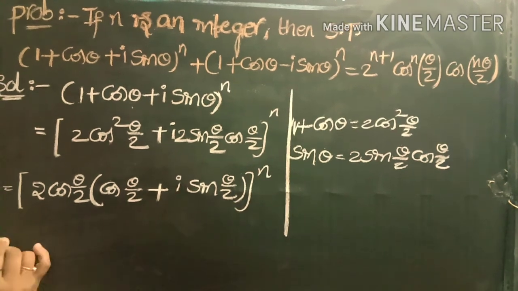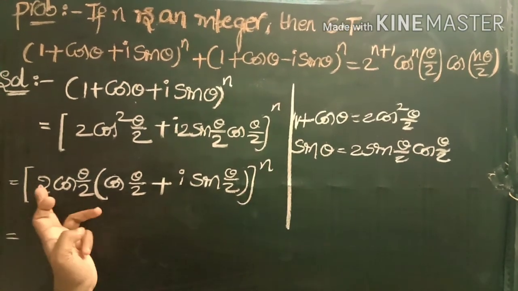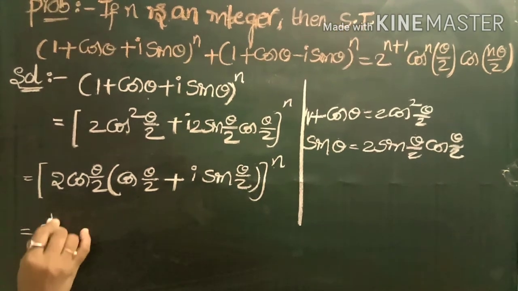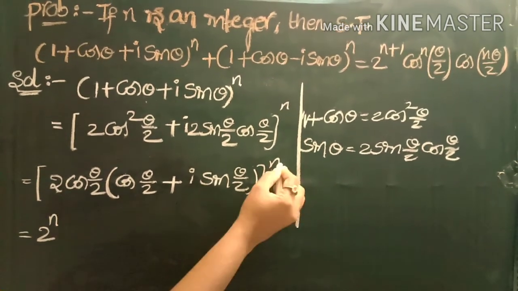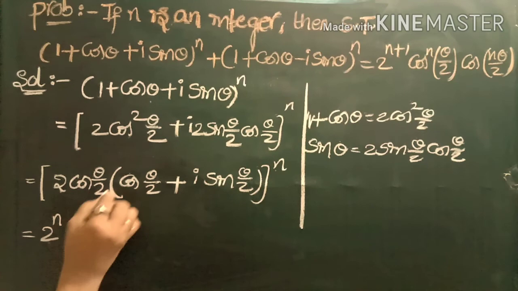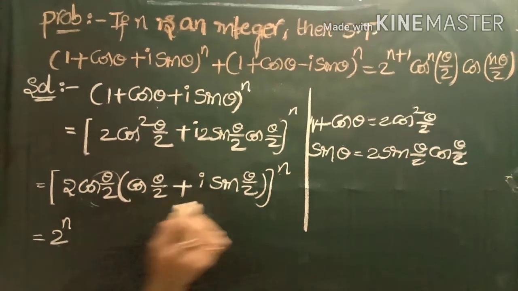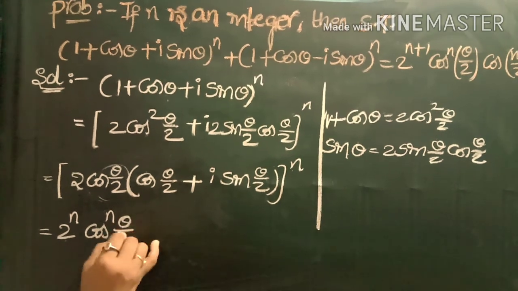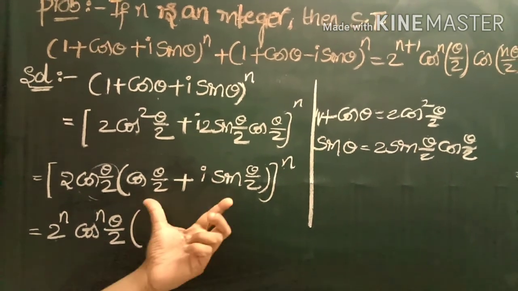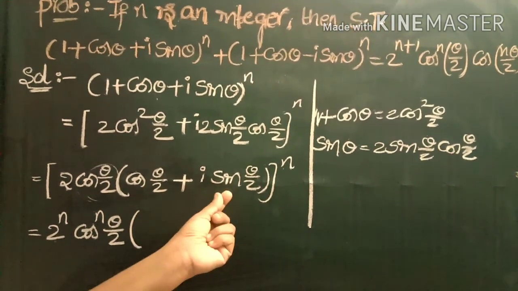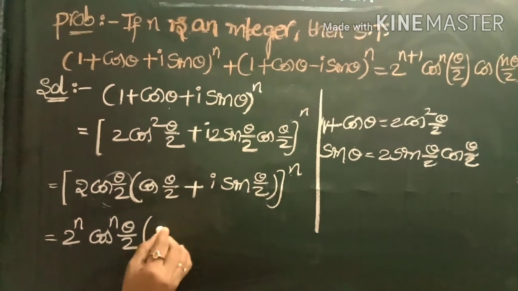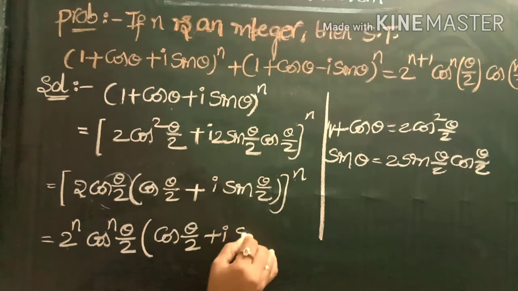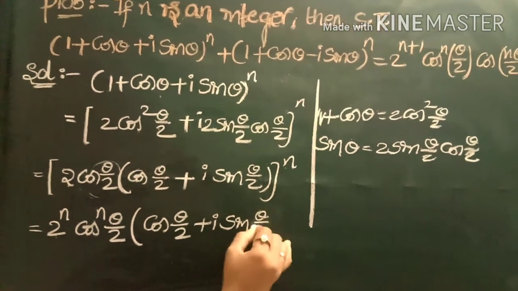Now separating the power to all three terms: the first term is 2 power n, the second term is cos power n theta by 2, and the third term is (cos theta by 2 + i sin theta by 2) whole power n.